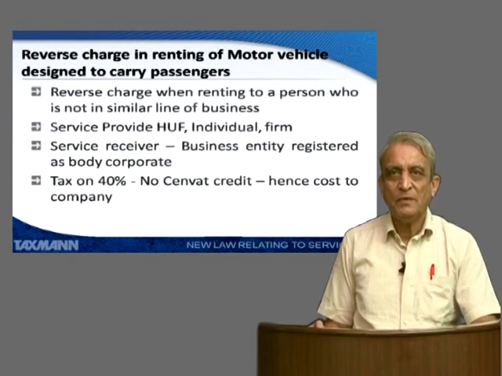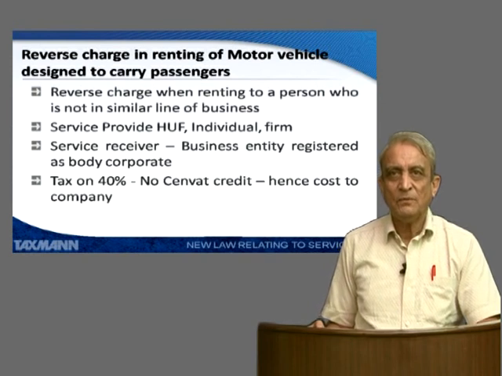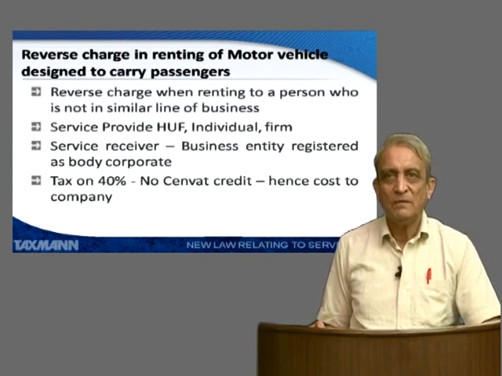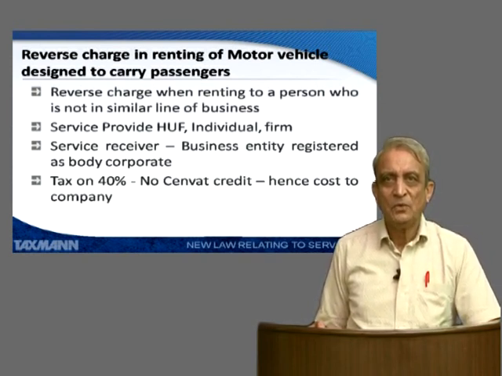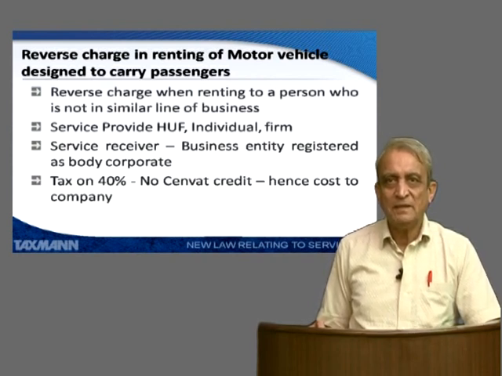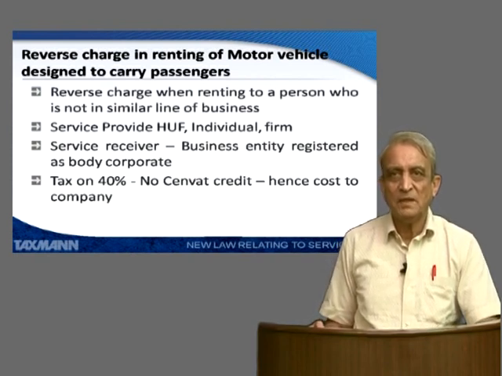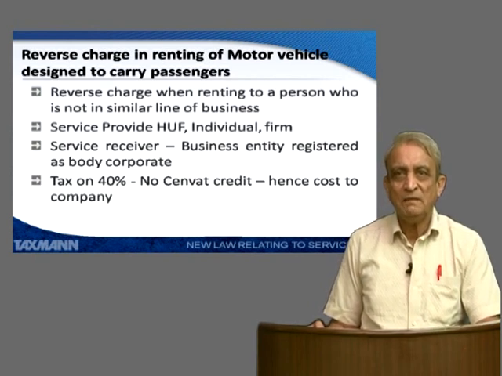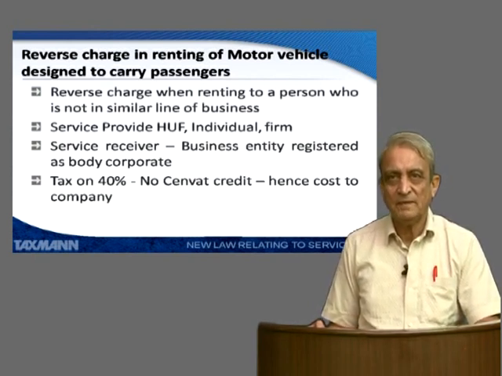Another mechanism of reverse charge is in case of renting of motor vehicle designed to carry passengers. Now, in these cases, reverse charge is applicable when renting is to a person who is not in a similar line of business.